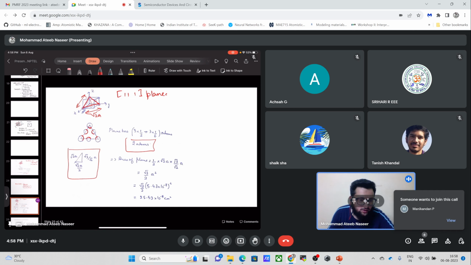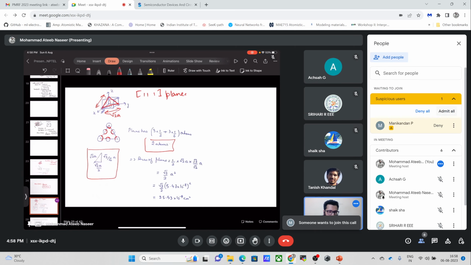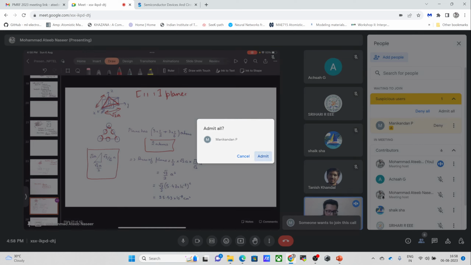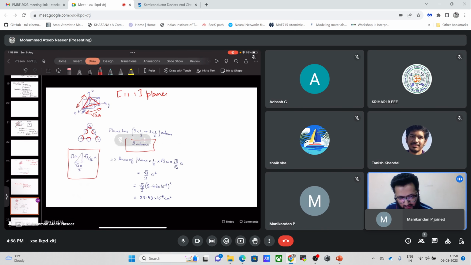So the area of this plane is simply root 3 by 2 a square, and we get it to be 25.53 into 10 to the power minus 16 centimeter square.